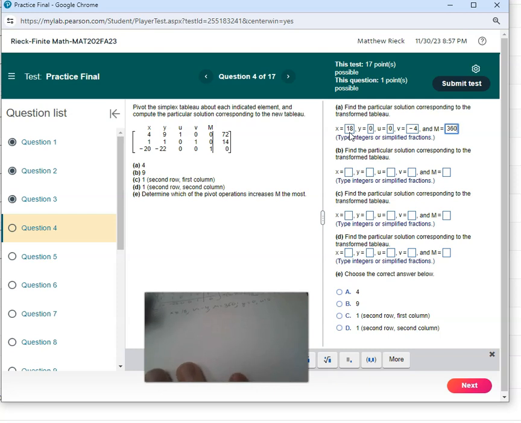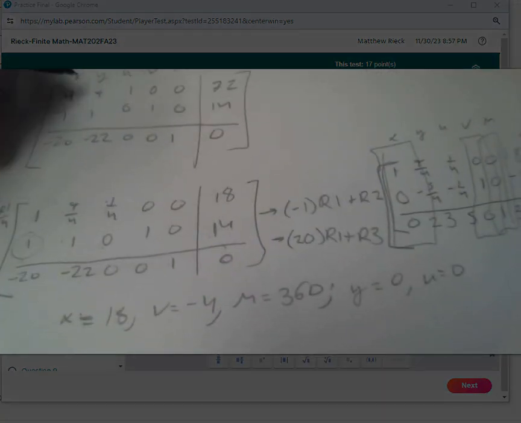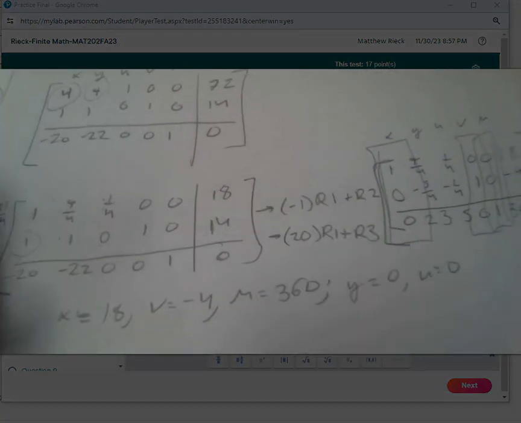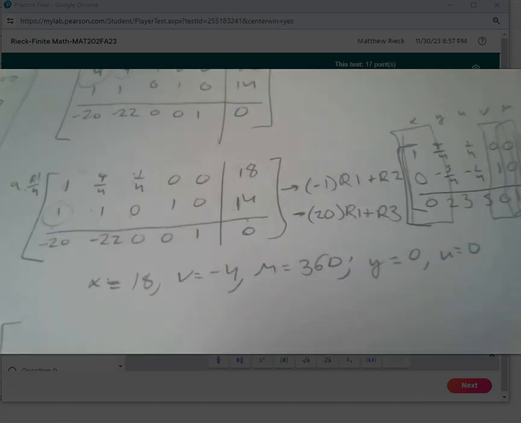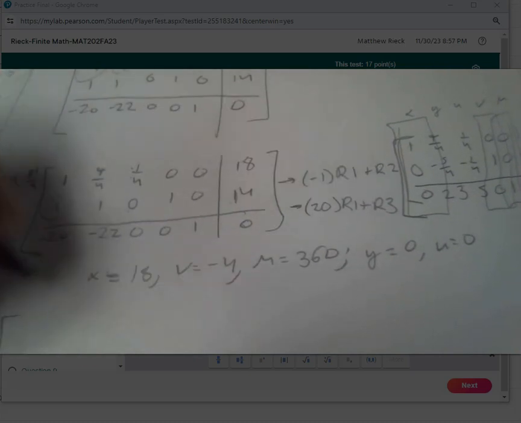All right. So the next one is we're going to pivot about the 9 in this row here. So again, start off, we're going to take row 1 and divide by 9 in this case.